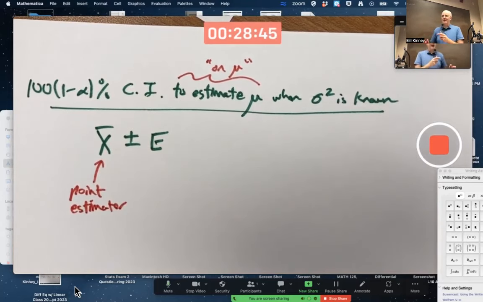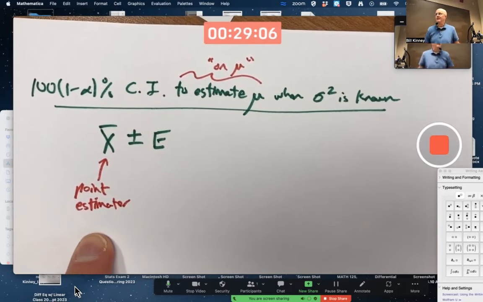When we were talking about things like capital X bar, capital S squared and capital S, those are statistics that are also called point estimators. Why did we call them point estimators? Because we're using them to estimate one number. An observed value of capital X bar would be labeled little x bar. It would be a point estimate.